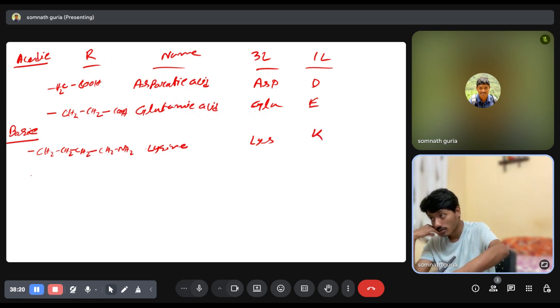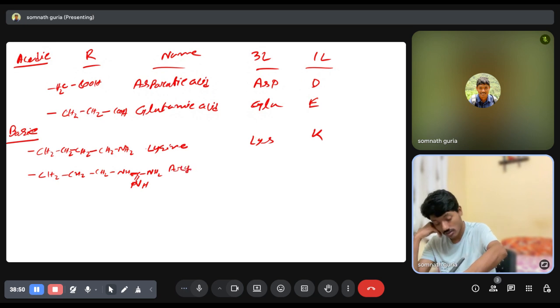Now if you introduce a guanidine group over here, instead of CH2, CH2, CH2, we have NH2, NH, C double bond NH. This is called arginine.